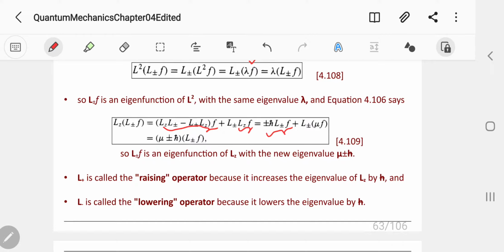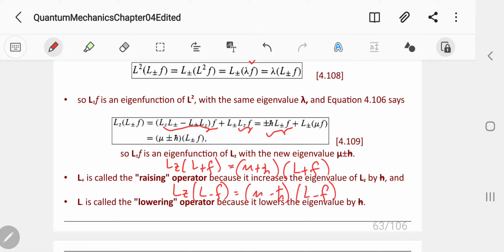So let's just separate that. Lz L plus f is equal to mu plus h bar times L plus f, or Lz L minus f is equal to mu minus h bar L minus f. Here, L plus is called L plus.